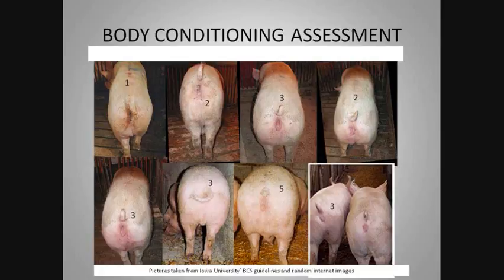In 3, which is perfect or desired, it takes a firm pressure with the palm to feel the hip and the backbone. With a score of 5, the sow is so fat it is impossible to feel the hip bones and backbones even by pushing down with a single finger. These sows were assessed and documented.